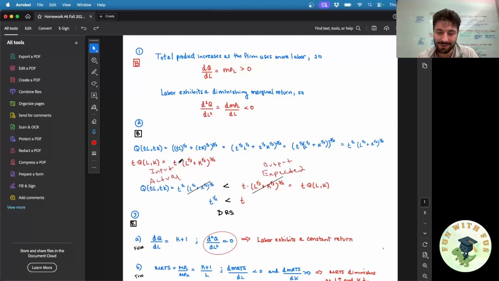But really all we're looking for is the relationship between these t's, and you can often intuit, based on which exponent gets applied, which t is going to be bigger. In this case, our input side was t to the 1/2, and our output side was t when we fully worked out the algebra.